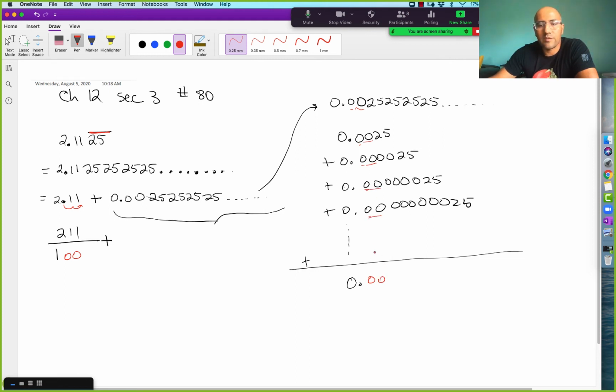And then the next two terms have a 25 right here, and then there are 2 zeros below it, 2 zeros below it, forever. So this 25 is the one that ends up being there. And the next two 25s have nothing but zeros underneath them.